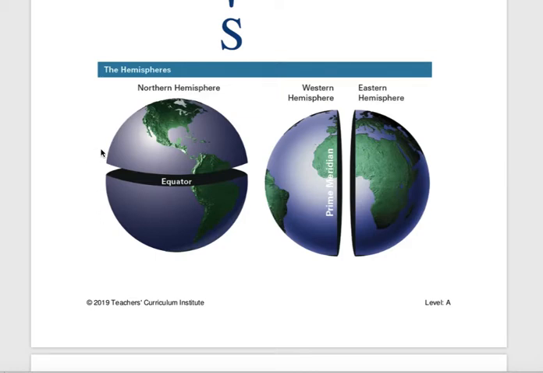So, as I said before, looking at that picture above, we have the northern hemisphere. You have the equator, which separates the northern hemisphere from the southern hemisphere. And then you have the prime meridian, which goes from north to south, up and down, which separates the western hemisphere and the eastern hemisphere. So there are 4 hemispheres.